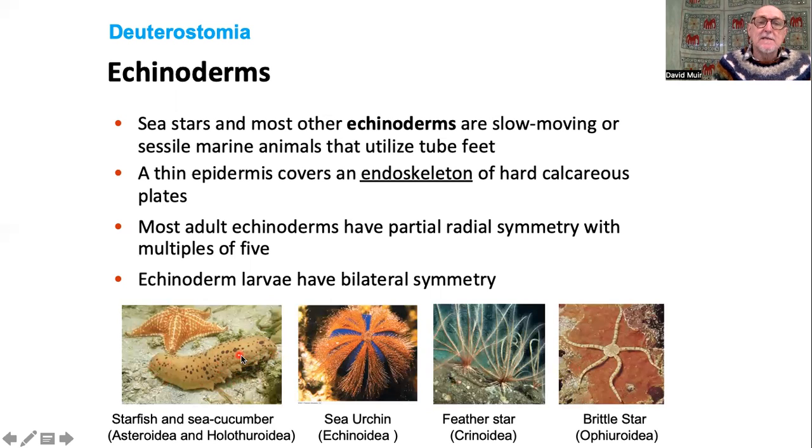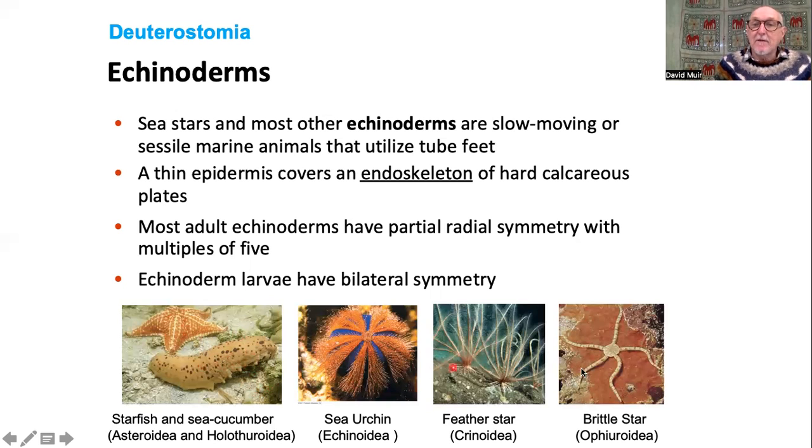They have plates, little tiny plates embedded below the epidermis, but they also have tube feet that they use for locomotion. And if you cut them across, a cross section of them, you'd see that they also have a fivefold symmetry around the outside.